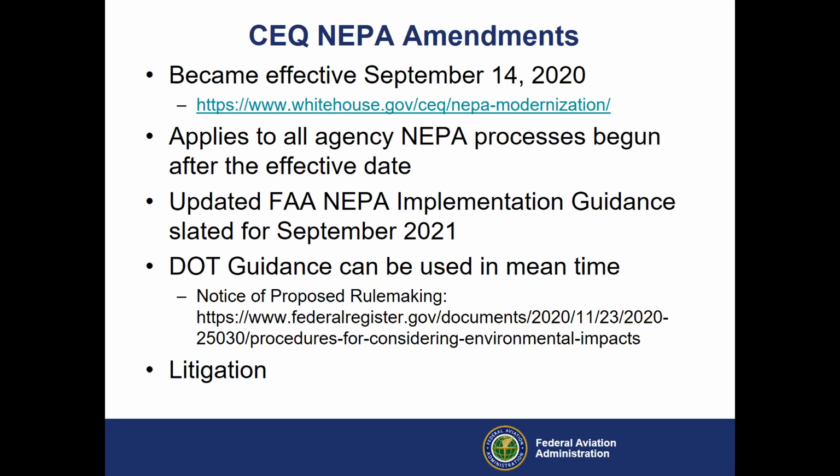There has been a lot of litigation over these NEPA amendments, and people have probably heard that. There have been a total of 4 lawsuits filed challenging the NEPA regulations. One was filed in Charlottesville, Virginia, led by the Southern Environmental Law Center with a coalition of 16 organizations. Another coalition of 13 groups led by Earthjustice and the Western Environmental Law Center filed suit in San Francisco.